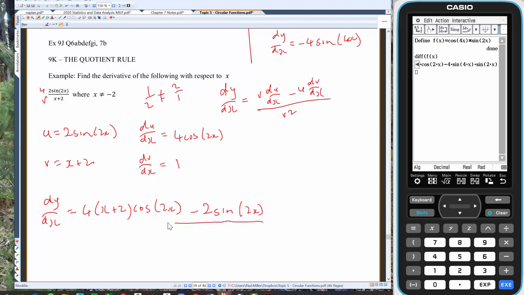Now don't forget this one, I often forget it: it's got to be over v squared, so x plus 2 all squared. Some students decide to expand that. Why? Don't bother. That's a good derivative. I'm just checking to see if there's any simplification. No, that's a perfectly serviceable derivative.